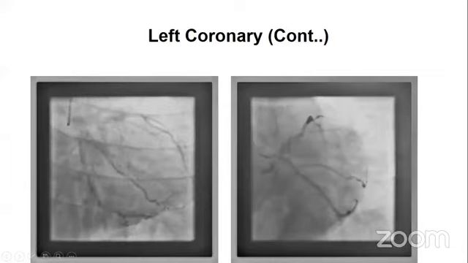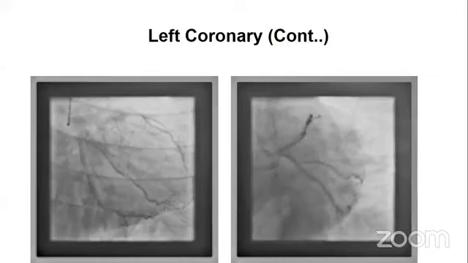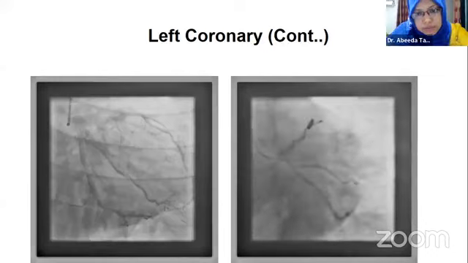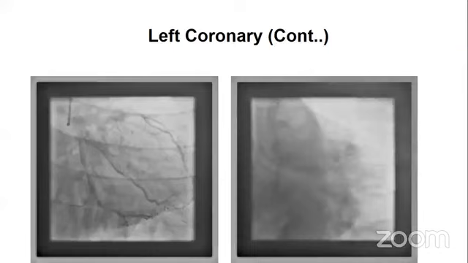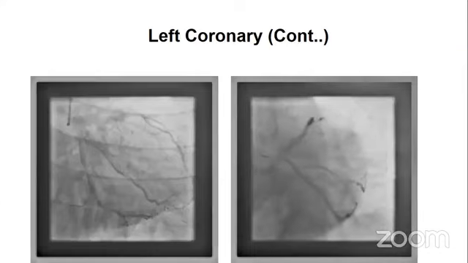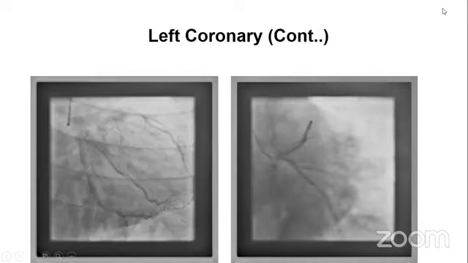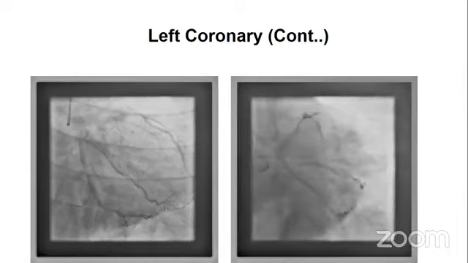As Wadud pointed out, in your case the LV function is normal. That tells you that there is maybe subendocardial ischemia, but not transmural MI. In transmural MI, you may see some wall motion abnormality. So we don't know. The best thing is not to give lytics and take the patient to the cath lab and then give mechanical revascularization.